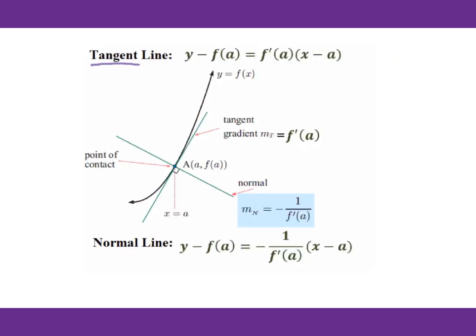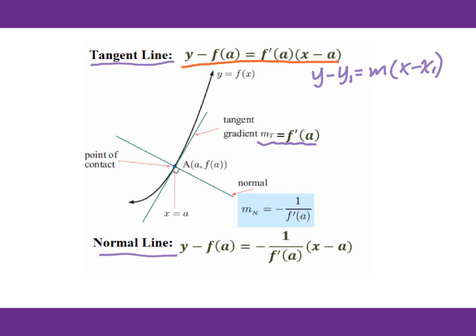Let's check a tangent line and a normal line. We already know that slope of a tangent line equals the first derivative. Then we can use y minus y1 equals the slope times x minus x1 to get the equation of a tangent line like this.